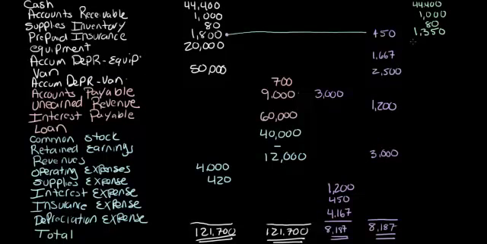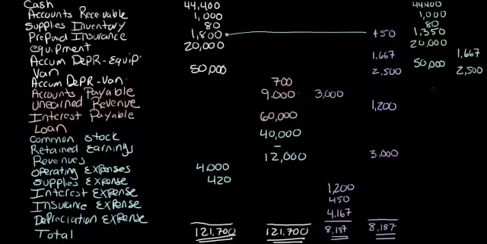In our equipment account, we have $20,000, and that's a debit, but now we're going to have a credit of $1,667 for the accumulated depreciation so far on that equipment. We're going to have $50,000 in our debit for our van, and again, a $2,500 credit in accumulated depreciation on that van.